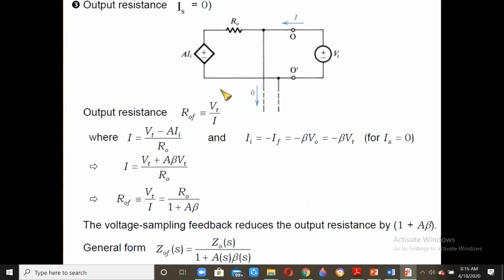This is the equivalent circuit at the output, with VT, A VI, and V0, and we can find the value of I. ROF is the resistance measured here, and that will be VT by I. How do we find I? I is VT minus A II, the voltage across R0, divided by R0. So I is equal to VT minus A II by R0.